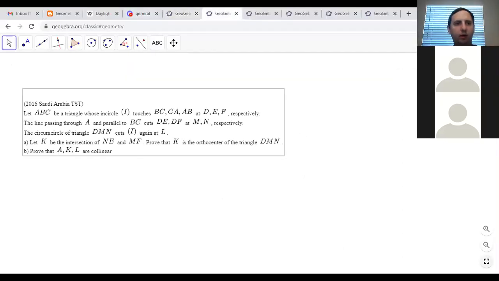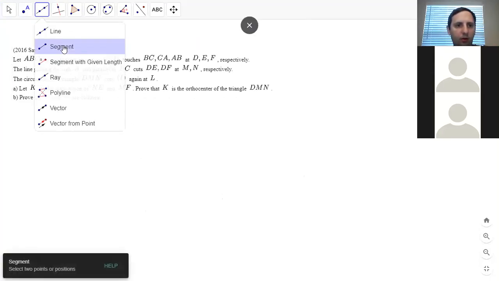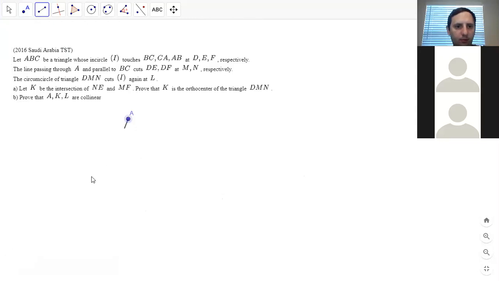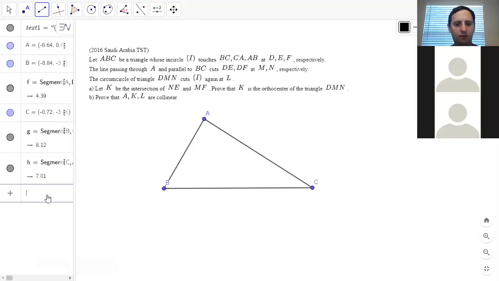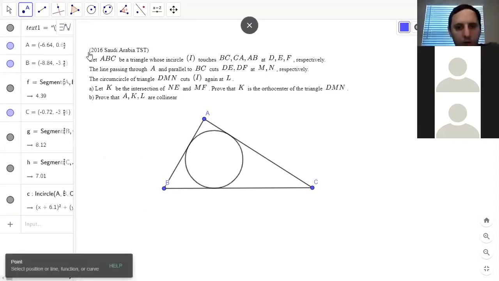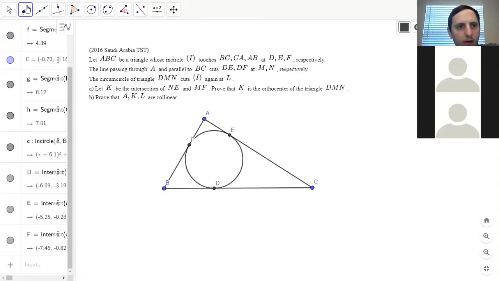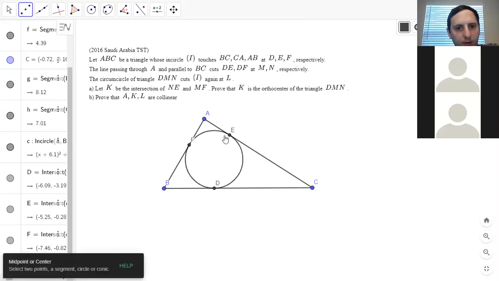So this one is 2 parts. We have a triangle and then we draw the incenter. D, E, and F, and then I is the center.